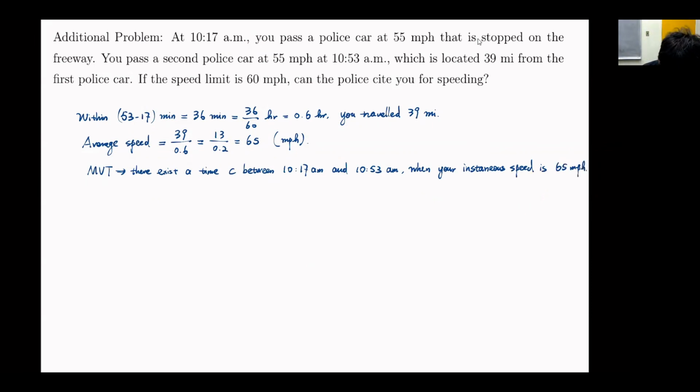So the police can cite you for speeding. That will be the conclusion. Although I seriously wonder whether the police nowadays really understand the mean value theorem. But at least mathematically, the police has a reason to cite you for speeding. All right, so this concludes the additional problem.